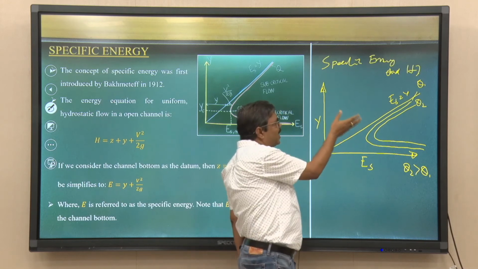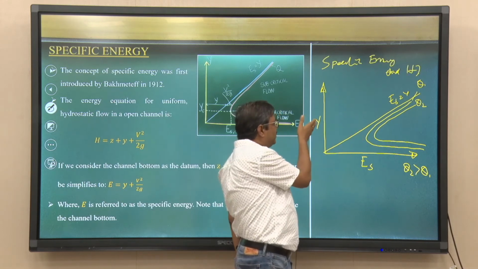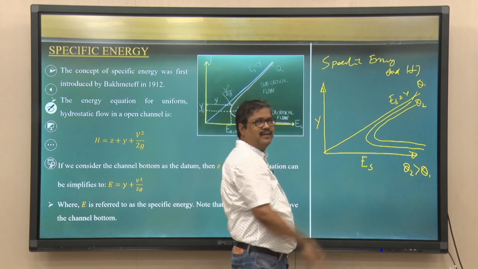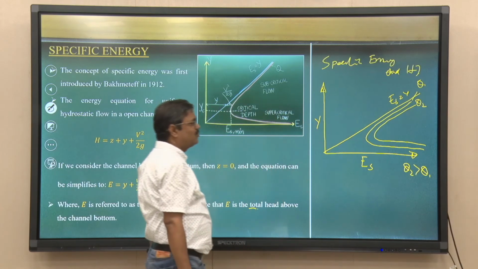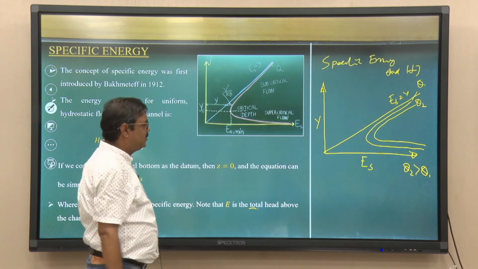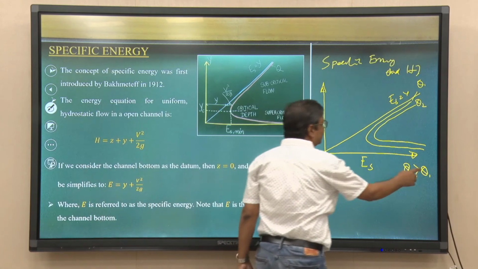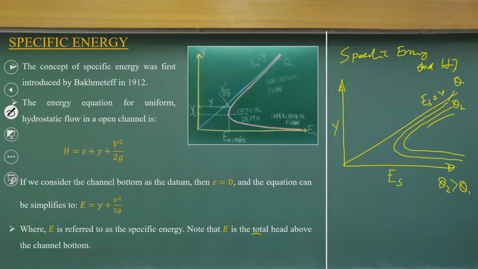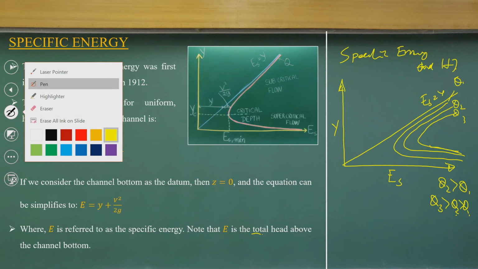So, for that constant discharge, we can draw the specific energy versus y relationship. As Q2 is greater than Q1, if I draw a Q3, the curves never intersect each other. Q3 will be larger than Q2 and Q1. For more detail you can look at the books of Chaudhry and others, but at the undergraduate level, let us have these things.